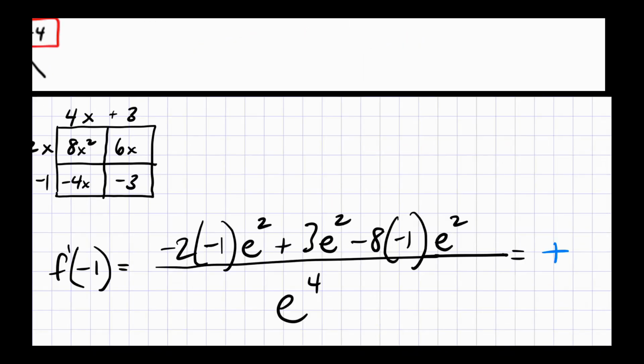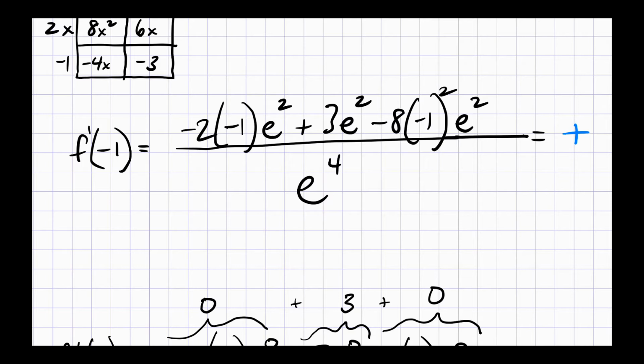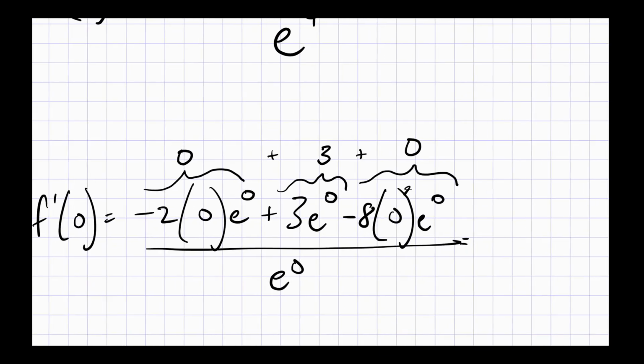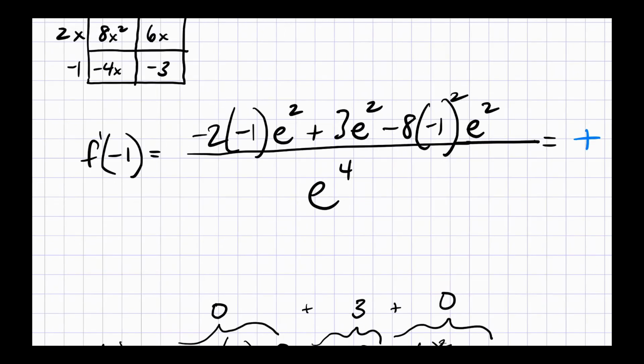Let's see. Yes. Squared. Okay. So let me make sure I did that over here too. Okay. So over here, I have +2 e squared plus 3e squared.